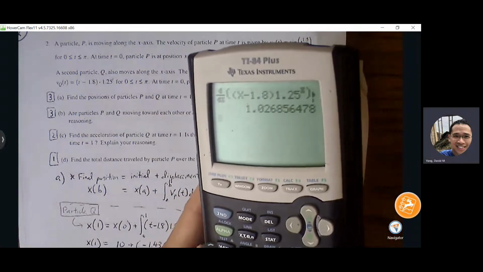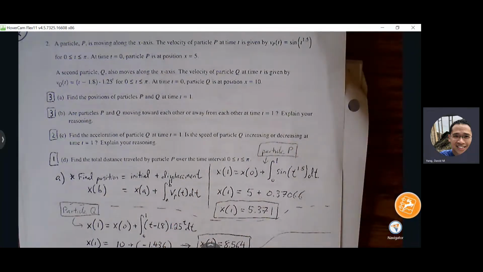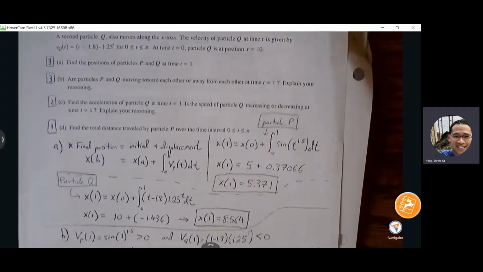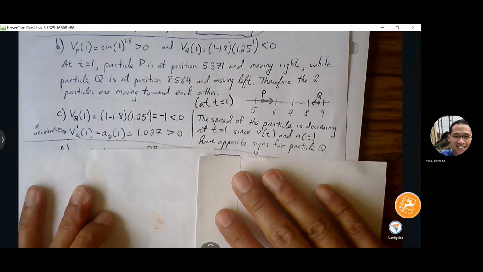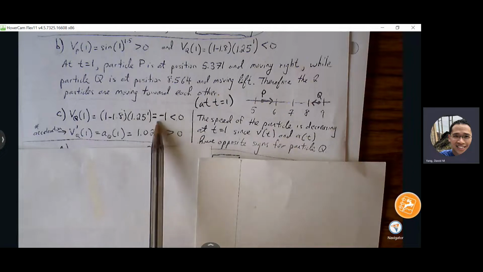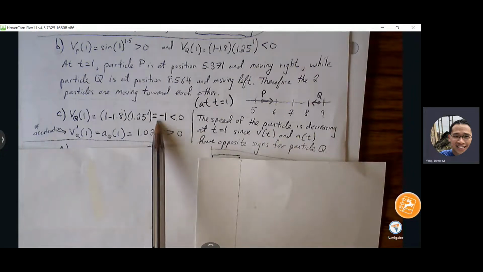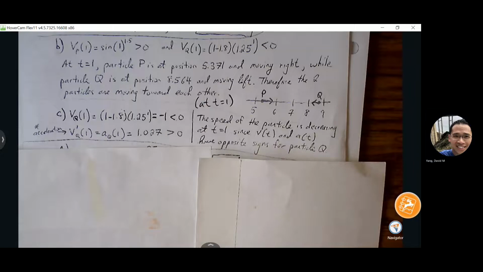So our acceleration is 1.026, but our velocity is negative. So what does that tell us? Speed is decreasing, yeah. We have this information from the previous part. Acceleration we just found, positive. So negative velocity, positive acceleration. The signs are different, so speed is decreasing.